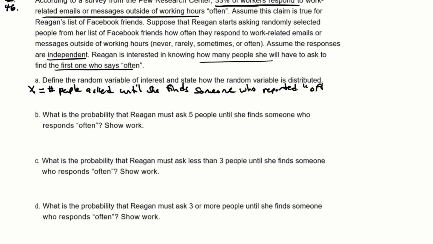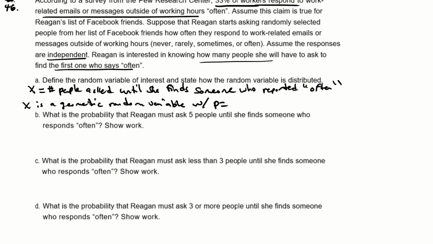Okay, so X is a geometric random variable with p equaling, now the p is 33%, right?